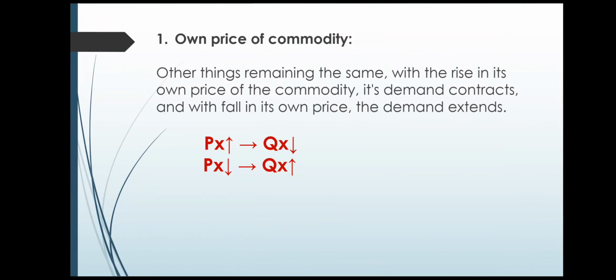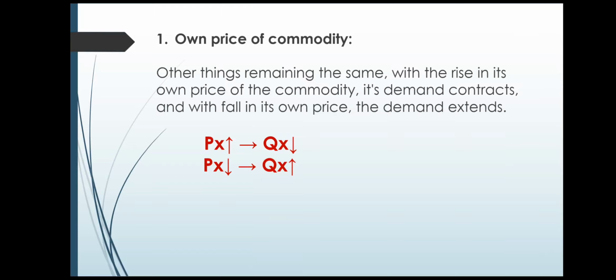The first one is own price of commodity. Other things remaining the same, with the rise in its own price of the commodity, its demand contracts, and with the fall in its own price, the demand extends. So in the very beginning it says other things remaining the same.